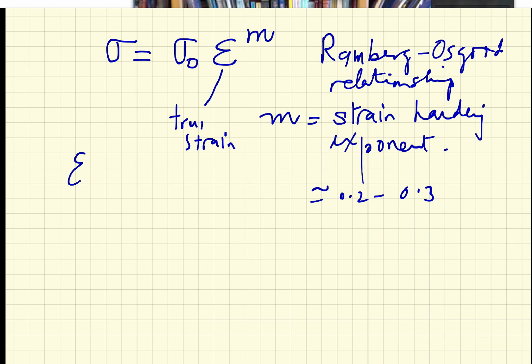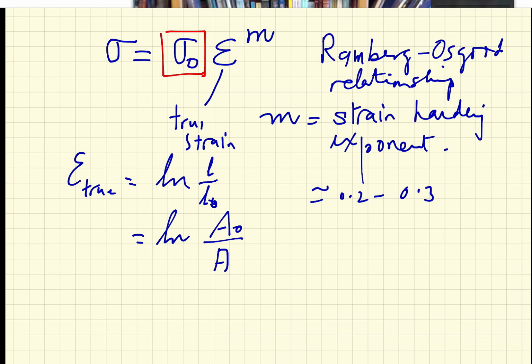epsilon. The true strain is equal to the natural log of L over L0, and now I want to convert this to areas. So from volume conservation, it will be the natural log of A0 divided by A. And if I want to apply this relationship exactly at the new yield point, I need to know this factor here, and this factor is called the strength coefficient.